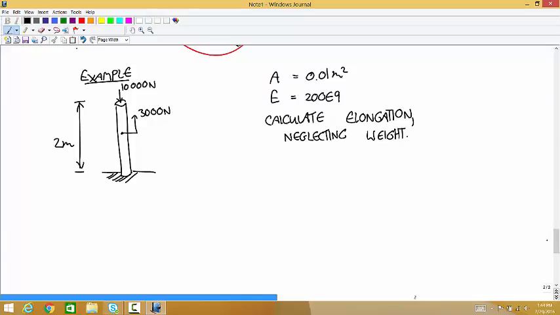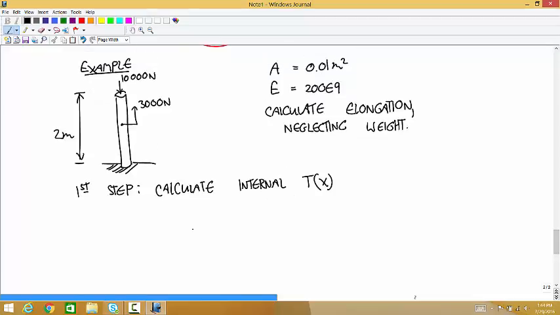Okay, so the first thing we have to do is calculate the internal loads. Well, we just have to calculate the internal tension so far. So first step is calculate the internal tension, T is a function of x. So let's draw it like this, the way we're used to.